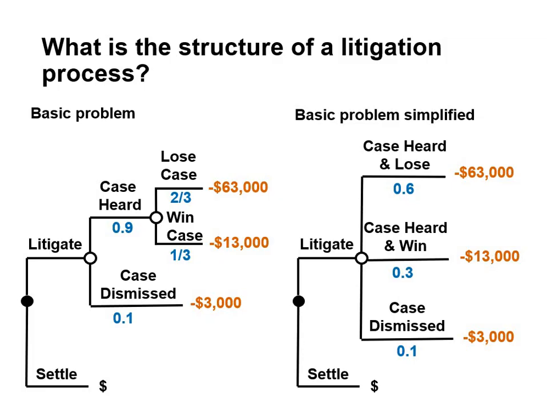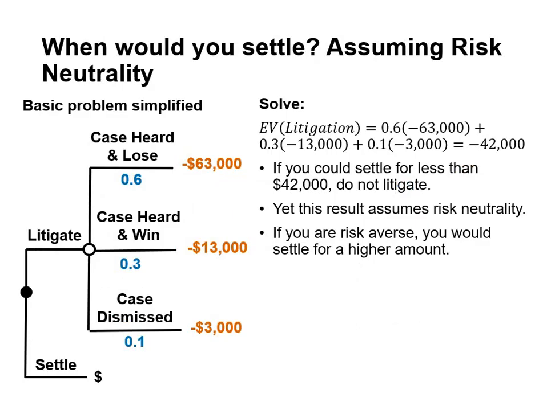Okay, so now let's take a look at what the best decision should be. We need to compare the expected payoff of litigation and identify at what value you would settle. So let's first calculate what you can expect from litigation. I have already written it down here.